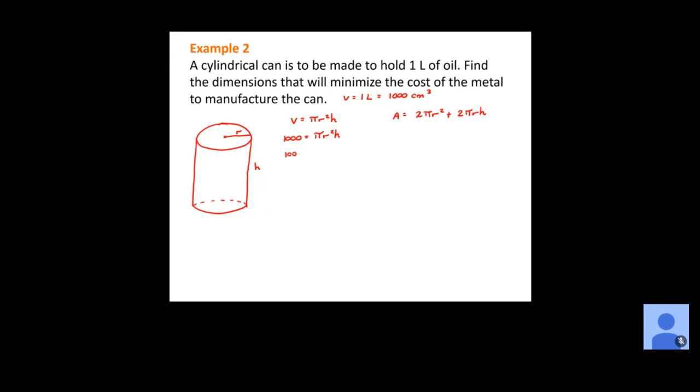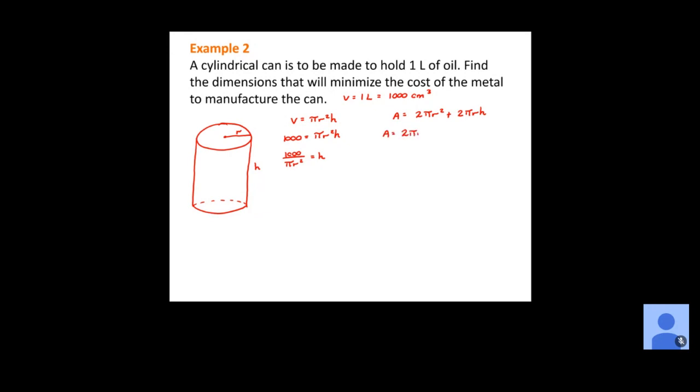So that's going to give us 1,000 over pi r squared equals h. All right, now what can we do? Good. Now we can substitute that h value into our surface area equation.